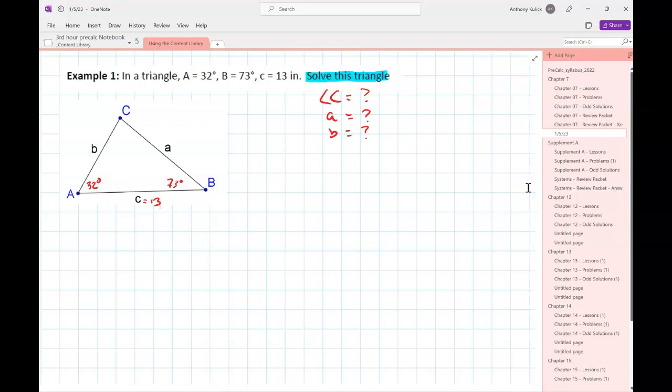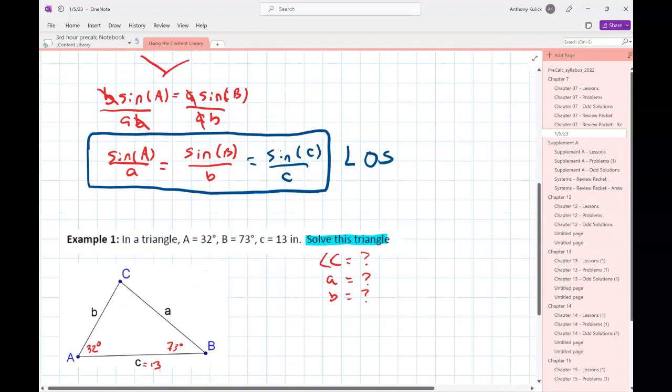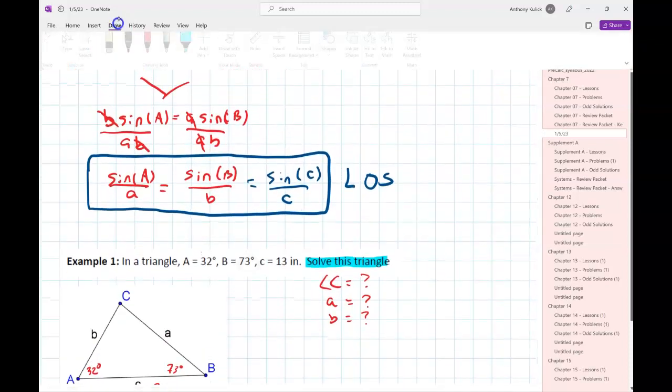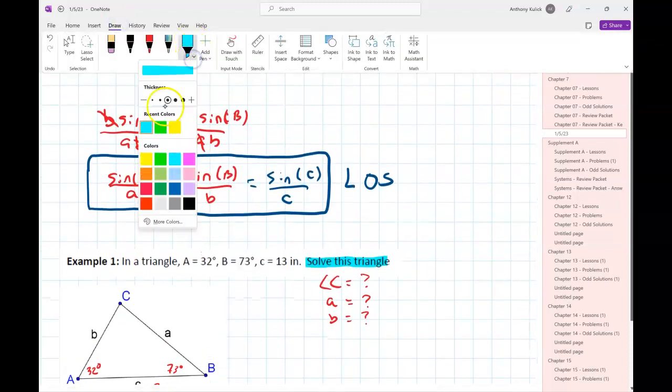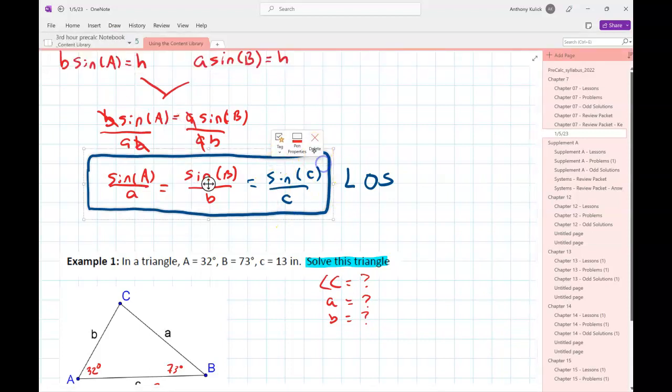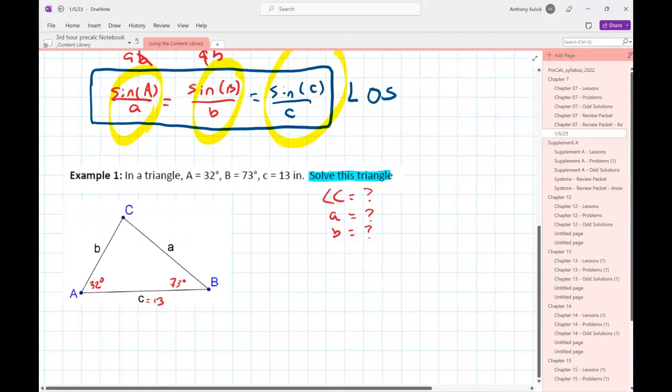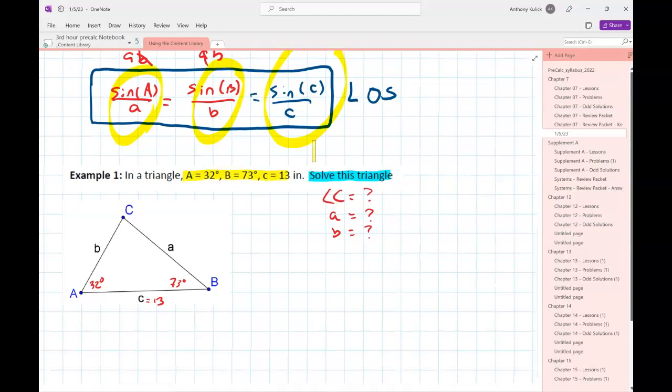There is a right answer to this. There's something we need to do first. Brett? We got to find angle C first. The reason is to be able to use the law of sines, I need to either know both angle C and side C, or angle B and side B, or angle A and side A. I don't know from the given information two of any of them, right?